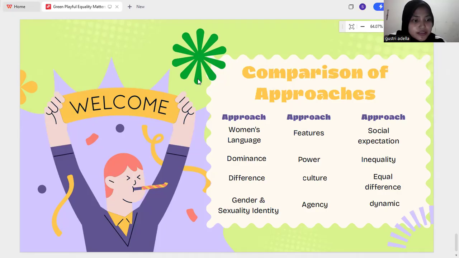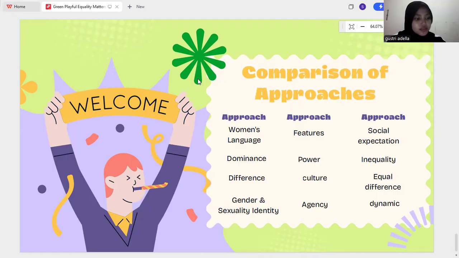For dominance, the approach is focused on power inequality. For difference, the approach is culture and equal differences. And for gender and sexuality identity, the approach is focused on agency and dynamics.